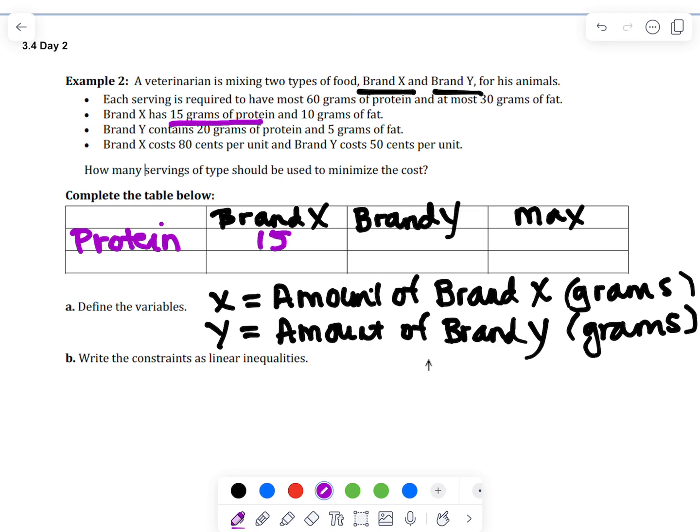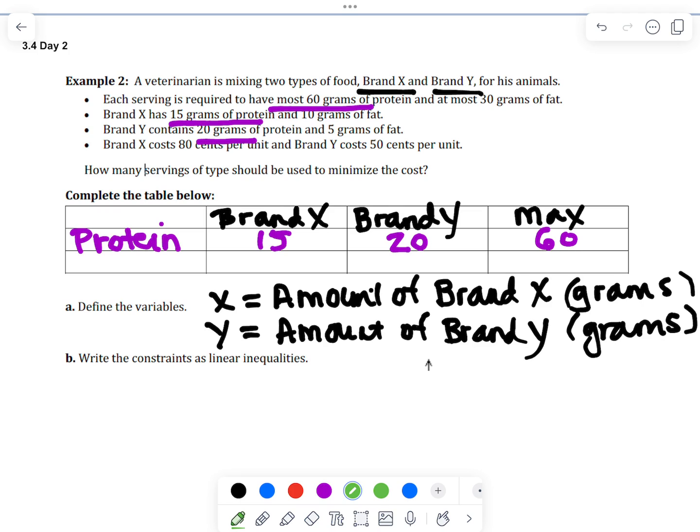Brand Y has 20 grams of protein. And the maximum it can have is at most 60.